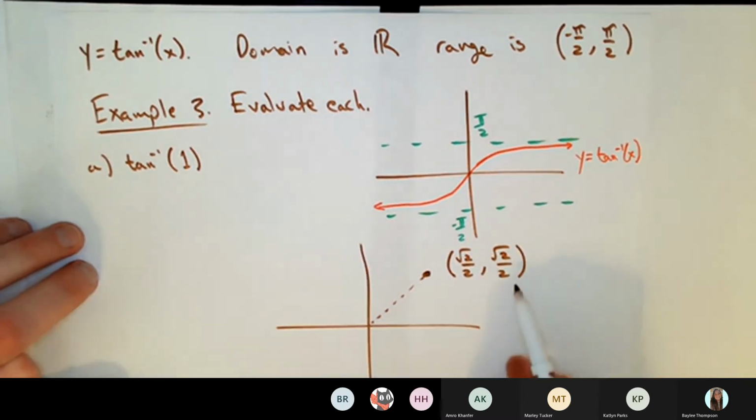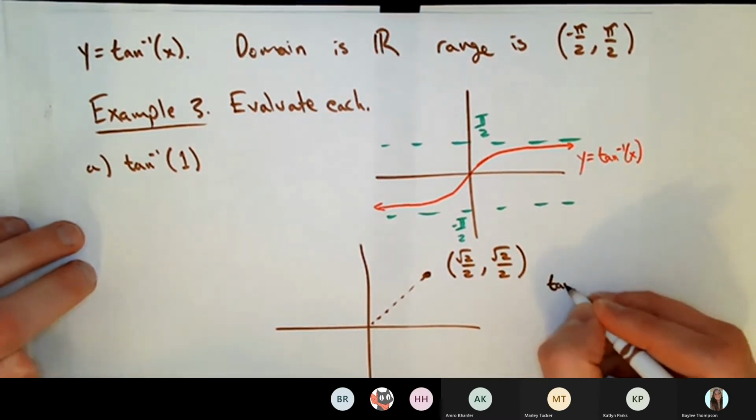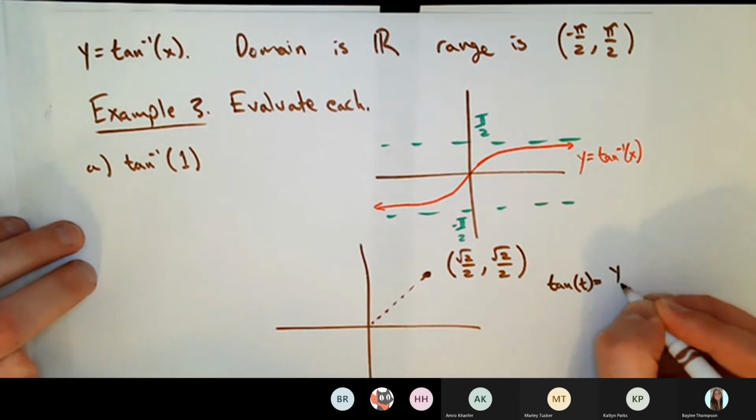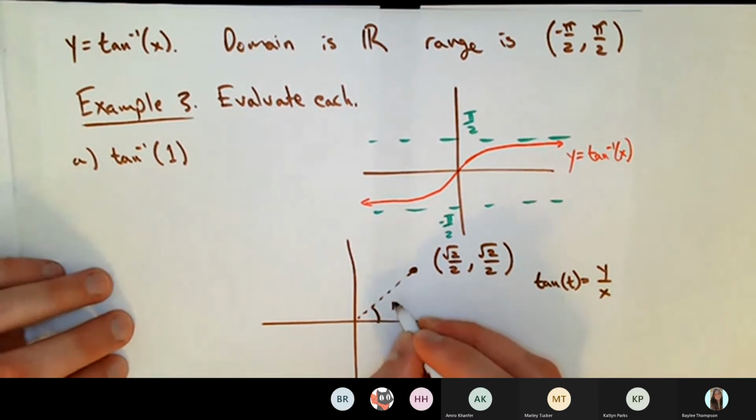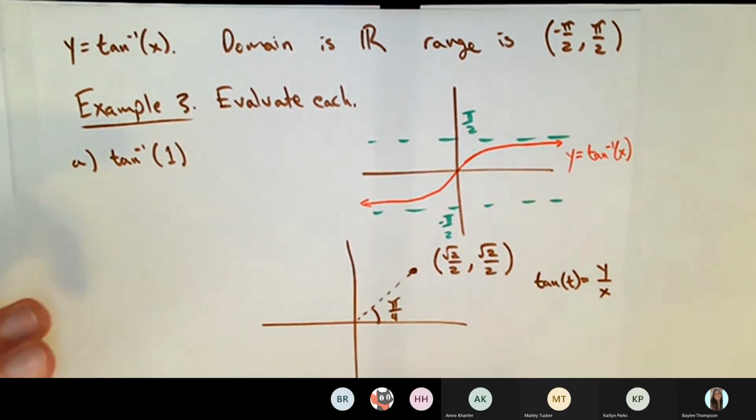Why am I talking about this stacking y on x thing? Well, because tangent of t is defined as y over x, right? Whereas cosine of t is just the x value, sine of t is just the y value. Tangent of t gives you a relationship between both of them. It involves a ratio of y over x. And of course, what angle is going to do that?